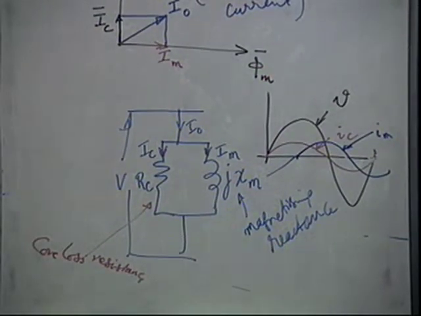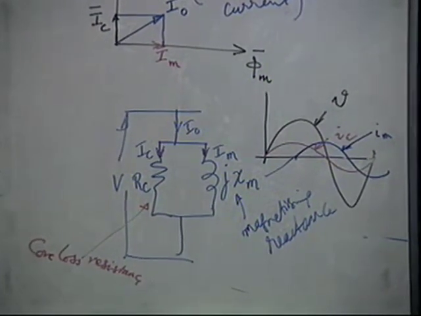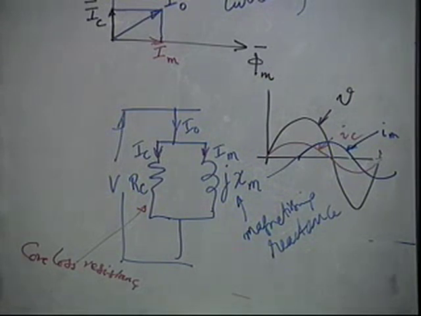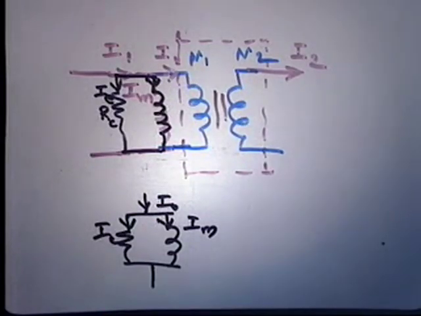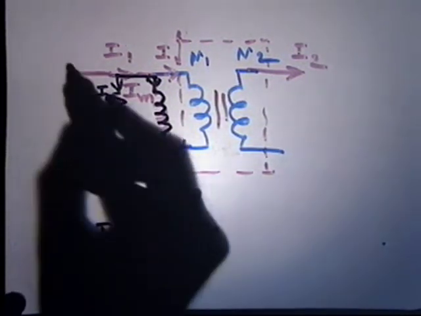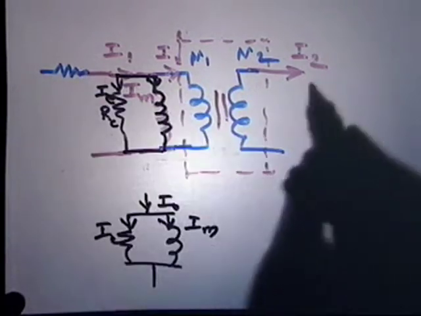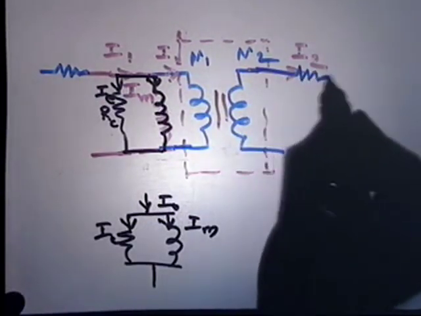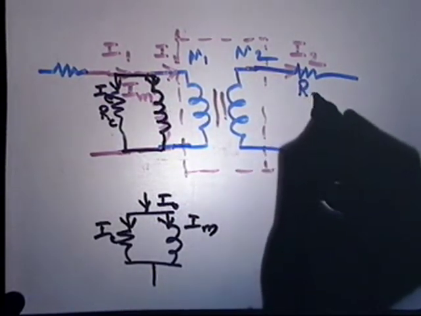So in this circuit, you add a resistance here and add a resistance here. Let us call these R2 and R1.